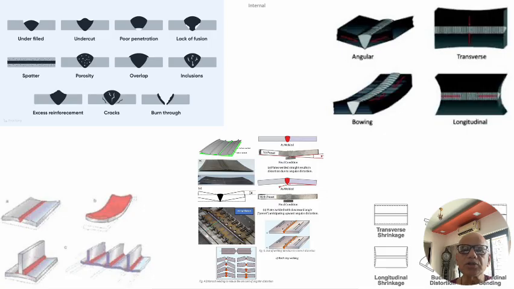The longitudinal shrinkage or the transverse shrinkage, these are all defects which you can address by using proper technique, proper fixturing, proper sequencing against the neutral axis, or even sometimes changing the position of the weld and having two operators in 3G position simultaneously welding on each side of the weld, or by heating, cooling, preheating, or post heating.